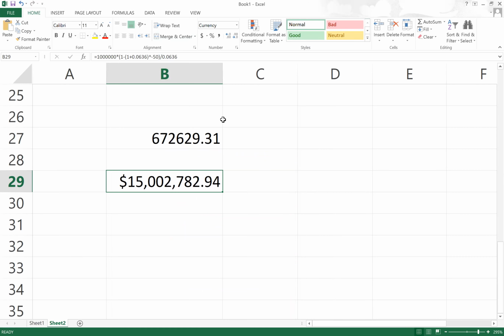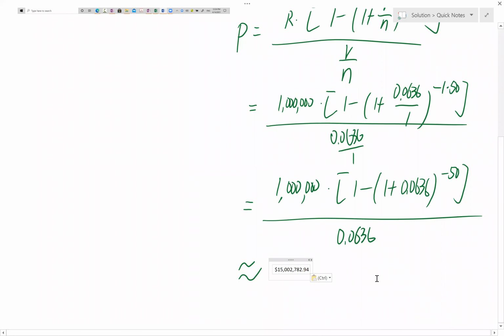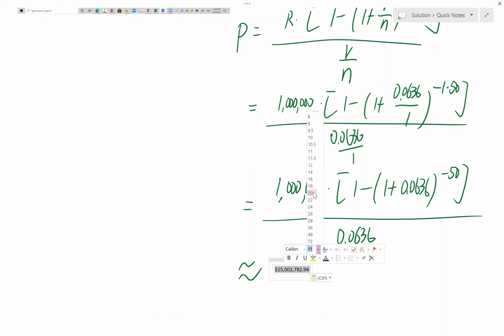That's how much it's worth right now. Okay, that's what that is. And we can make it bigger so you can see. So although you win 50 million, it's only worth this amount right now. Okay, a lot less.